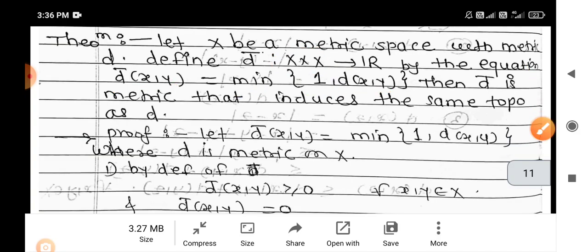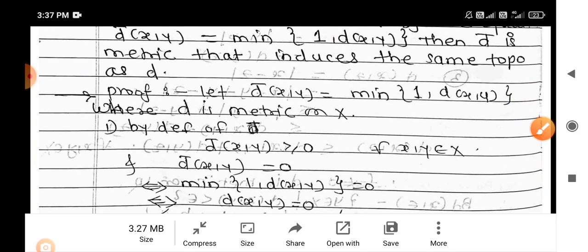D bar is the minimum of 1 and D of xy, and D of xy is greater than or equal to 0. So D bar of xy is always greater than or equal to 0. The minimum of 1 and 0 is 0. Also the minimum of 1 and D of xy is 0 if and only if D of xy is 0, that is x equals y.